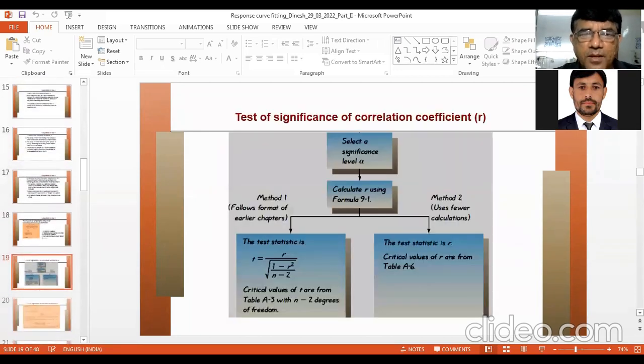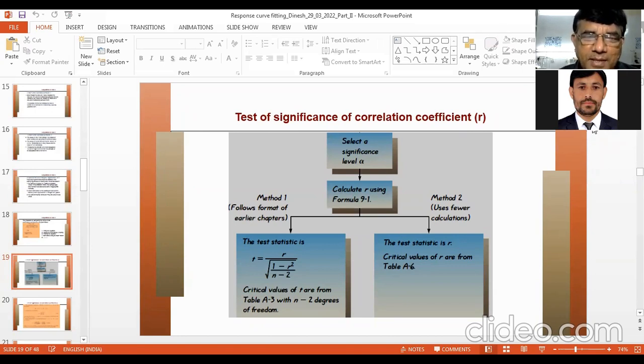So now the question comes. You have seen the formula of the correlation coefficient. The question is whether it is significant or not, because the value varies from -1 to +1. So the test of significance of correlation is very, very important.